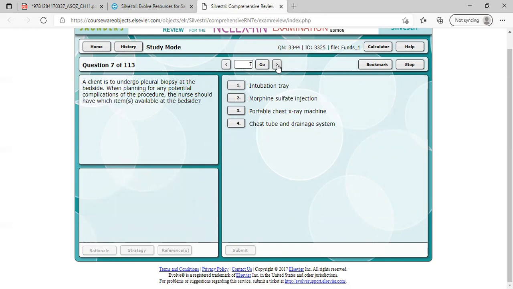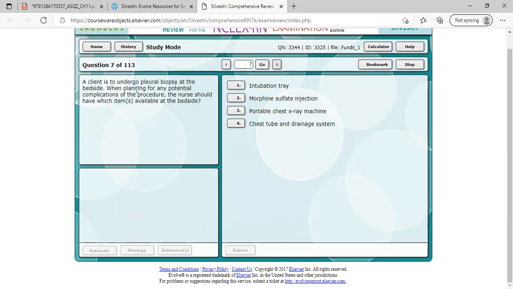Next question here: the client is to undergo a pleural biopsy at bedside. When planning for any potential complication of the procedure, the nurse should have which items available at the bedside? Easy question.